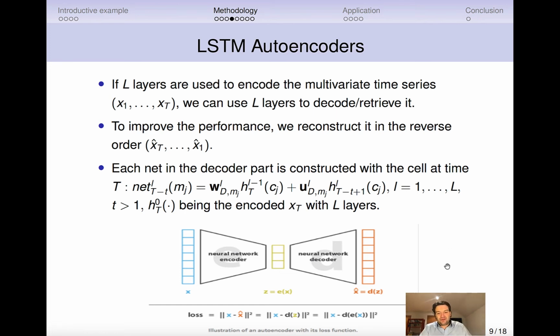Therefore, X can be represented by D of E of X, the encoded X, which is decoded after in the second step. This is what we're going to do.